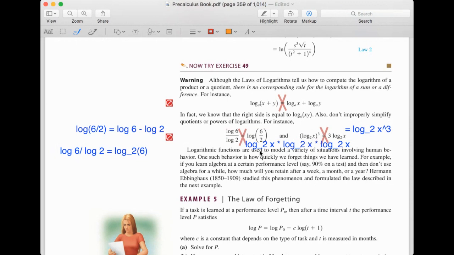The left-hand side means log base 2 x multiplied three times. So those two are different.